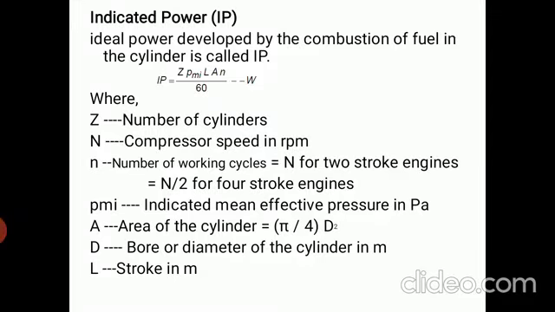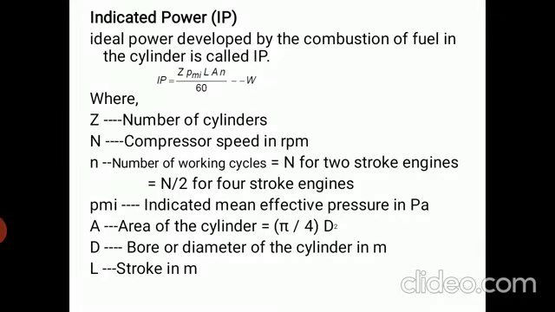In the previous unit, we discussed that stroke length is the distance between top dead center and bottom dead center. A is the area of the cylinder. We know the cylinder is circular, so it is pi by 4 D squared, where D is the diameter of the bore, or the diameter of the piston or cylinder.